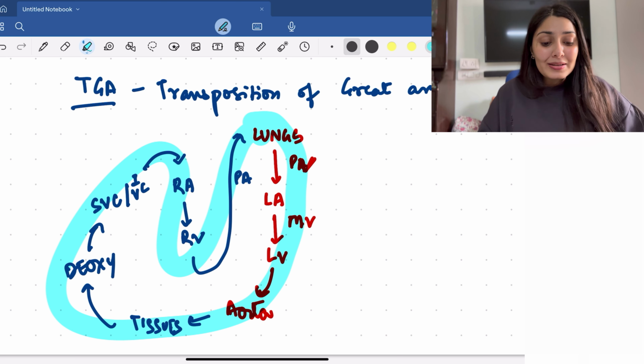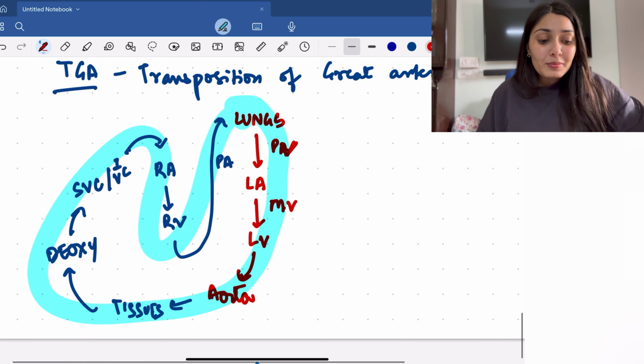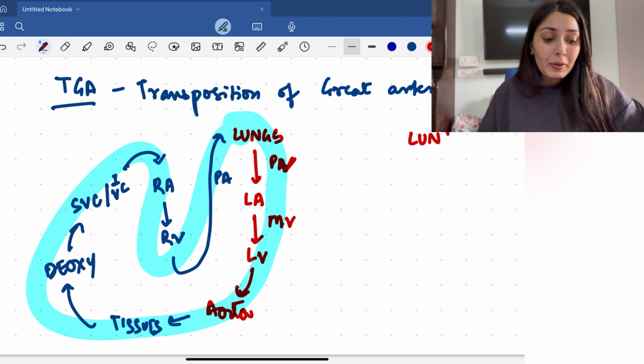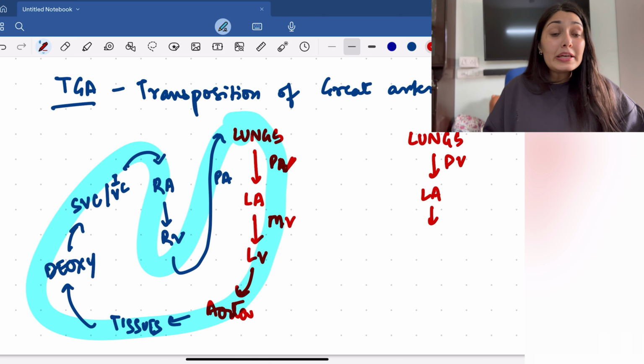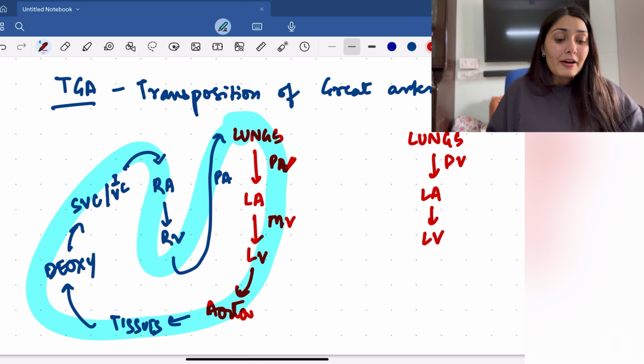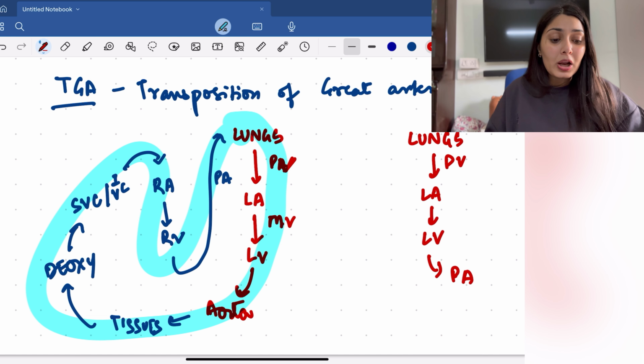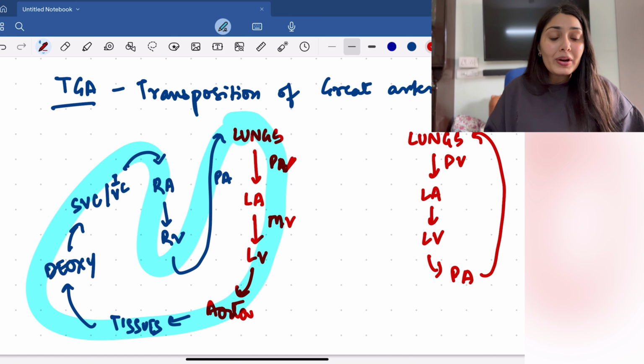So what will happen in this scenario? My oxygenated blood from the lungs through the pulmonary vein will go into the left atrium, left ventricle, and now instead of the aorta, here I have the pulmonary artery, and I know this pulmonary artery will again go back into the lungs. And what is happening on the right side?